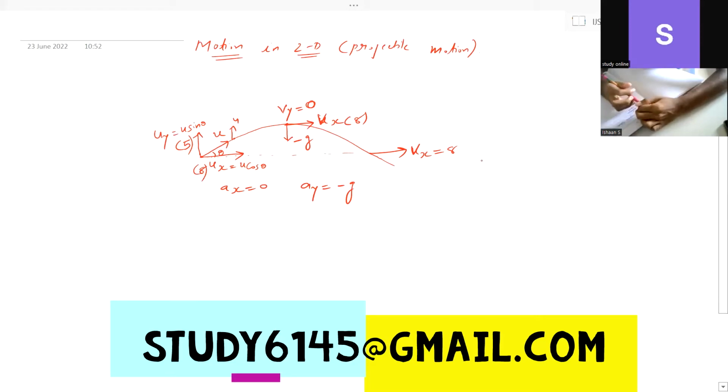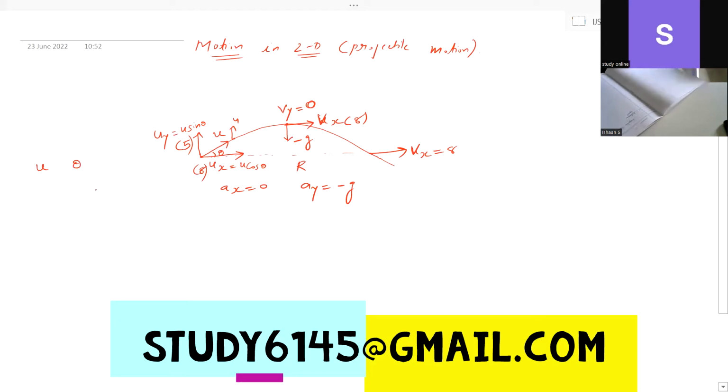You will have to give me the total path also, like the total distance, the range? No, that is not required. Without range also you can do it. Although it's R, in the formula R is not there. I am just giving you U and theta. Just two things are there.